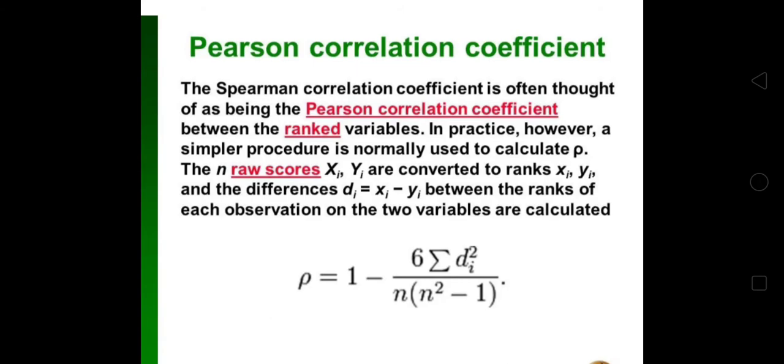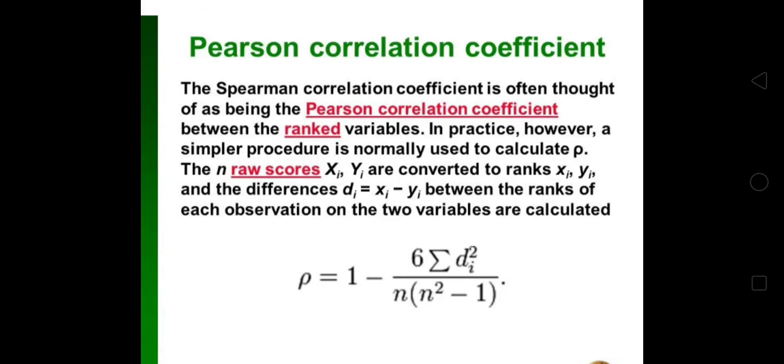Now there are different methods for determining the correlation. The first one, which we touched on in the first slide, is the scatter plot diagram, and the second one we can call the correlation coefficient by rank. The Spearman correlation coefficient is often described as the Pearson correlation between the ranked variables. In practice, however, a simpler procedure is normally used to calculate rho.